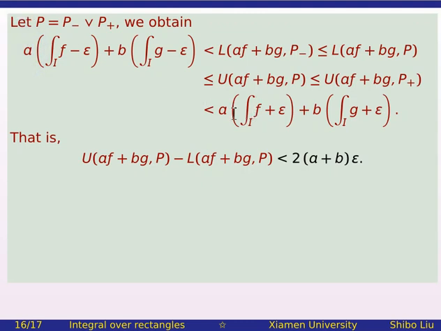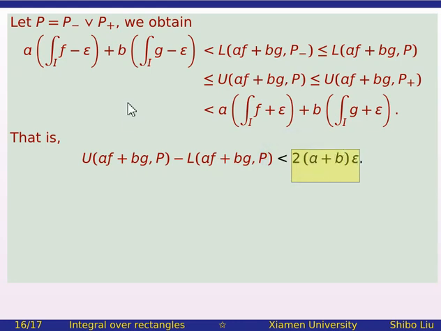So the integrals are cancelled because you have A integral of f, B integral of g. The left hand side also has A integral of f and B integral of g. So the integrals disappear, but the epsilon term remains. So we have A epsilon plus B epsilon. The left hand side is minus A epsilon and minus B epsilon. Therefore, moving to the right hand side will give you 2(A plus B) epsilon.